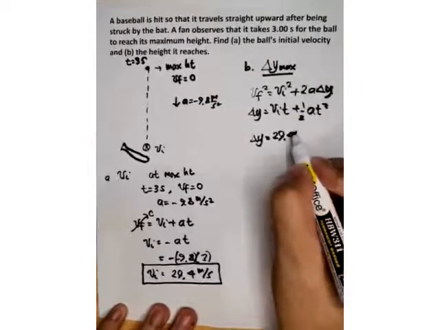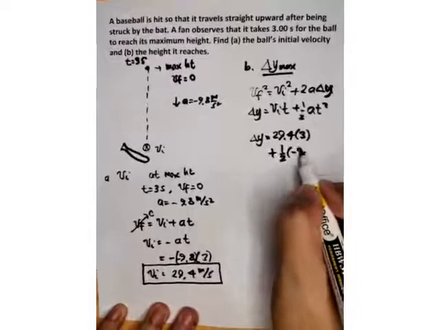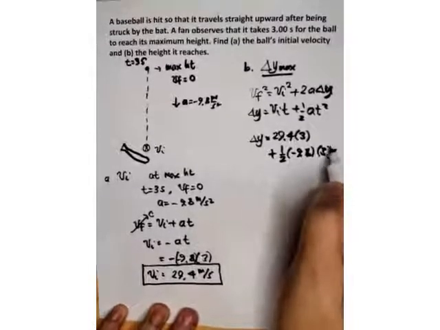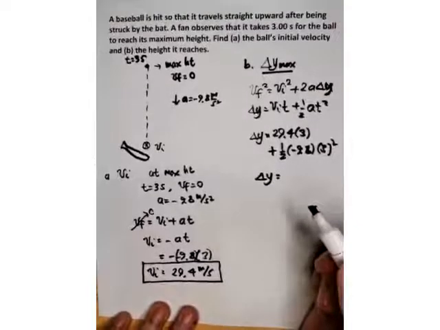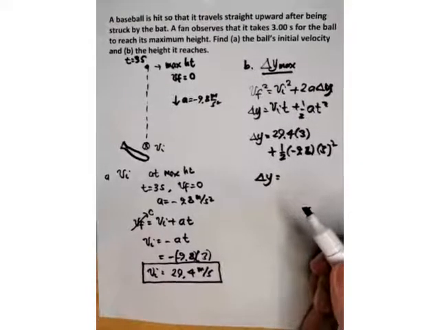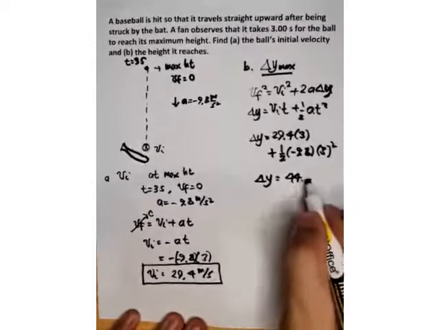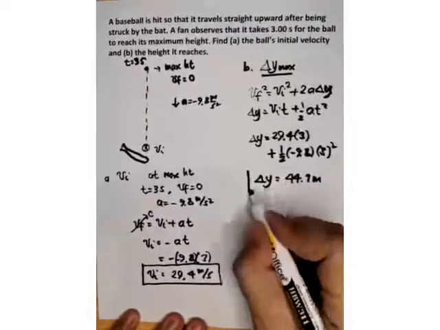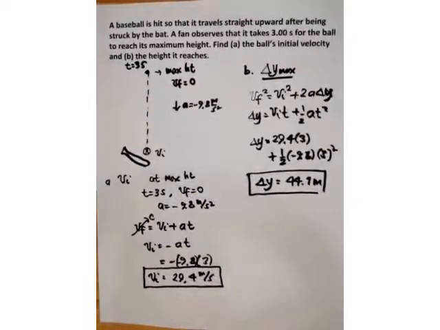So, 29.4 times 3 plus 1/2 times negative 9.8 times 3 squared. So, what is delta y? Delta y is equal to 44.1 meters. Ayan. So, that's our final answer.